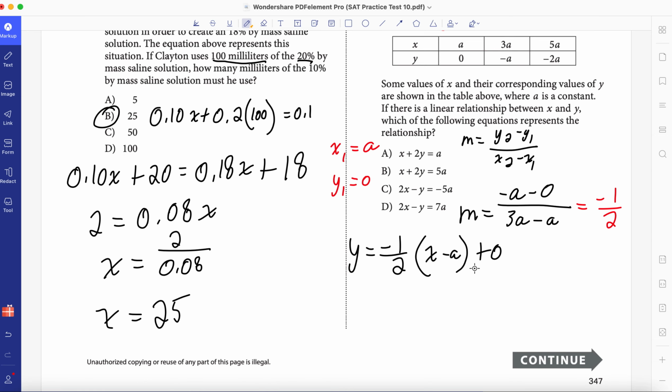And then we could technically do this with y equals mx plus b, but that really isn't necessary. And then with this, the 0 is irrelevant, and then let's just distribute this negative 1/2. So negative 1/2 x plus 1/2 a is going to equal y. And then now let's just rewrite this.